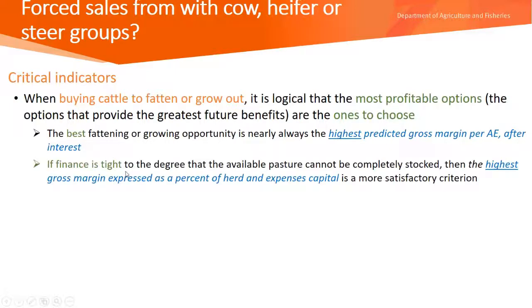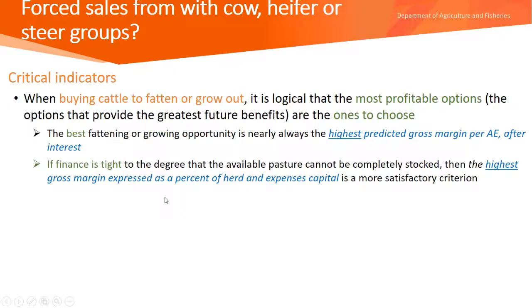If finance is tight, if you haven't got enough capital to buy sufficient livestock to stock the available pasture, then the highest gross margin expressed as a percent of herd and expenses capital is a more satisfactory criterion. So it's the way this is expressed. The results give you a good indicator of what's the best choice when you don't have enough capital to completely stock the paddock.